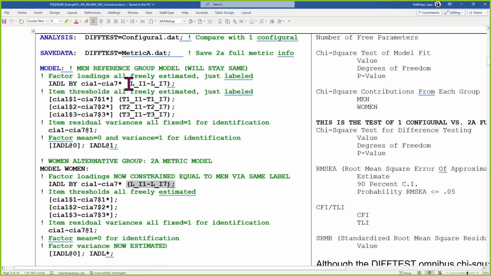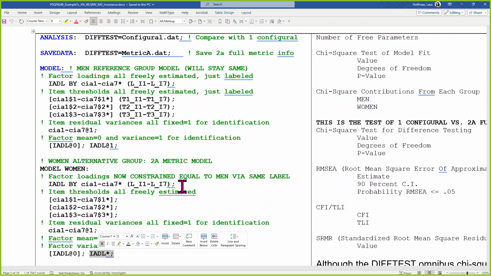Yep, we use the same labels as for the men. That makes the loadings equal. And the variance, yep, that's the other. So variance of the factor is still 1 for identification in the reference group. It is now estimated in the alternative group. So do not forget this step. Otherwise, you are enforcing a structural constraint as well as a measurement constraint, and it could fit worse for either reason.